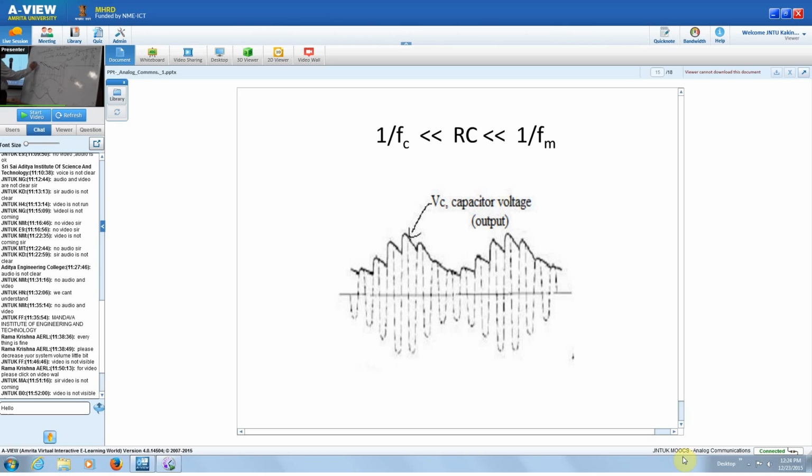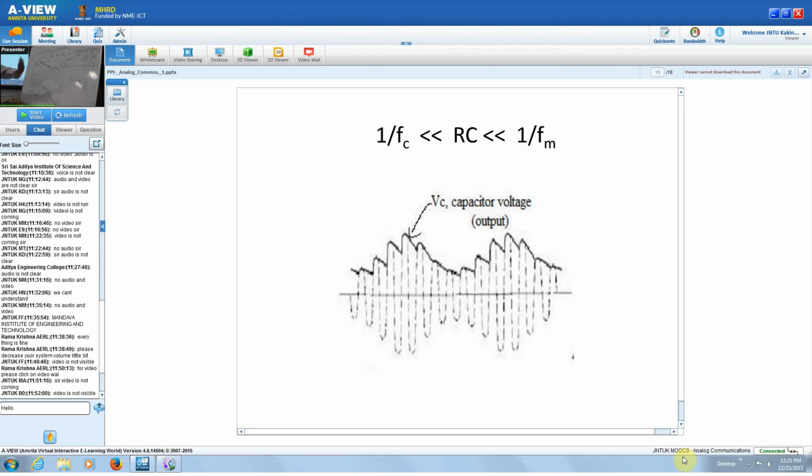So what is this baseband signal? FM. What is the time that we are going to have? 1 by FM. So this RC should be less than 1 over FM, so that it follows this waveform.